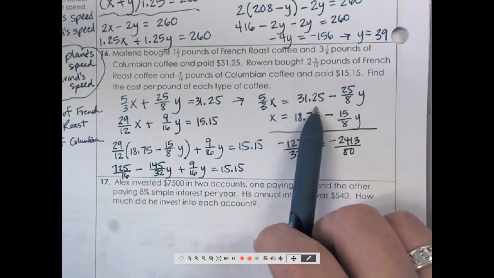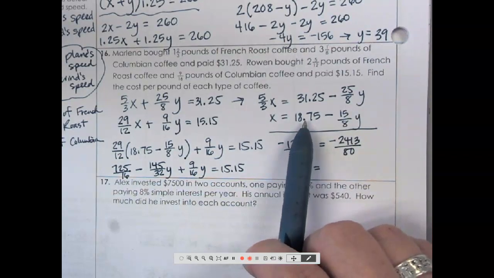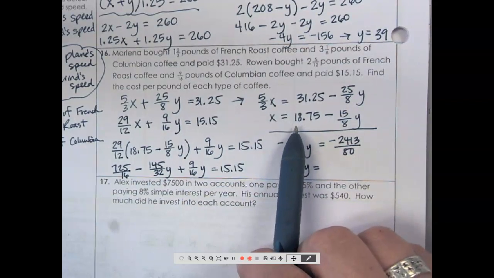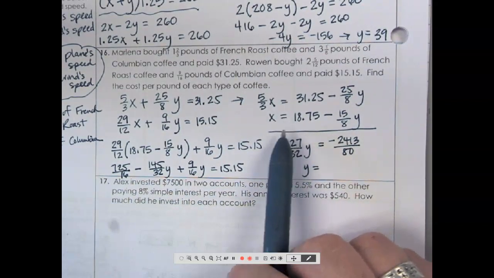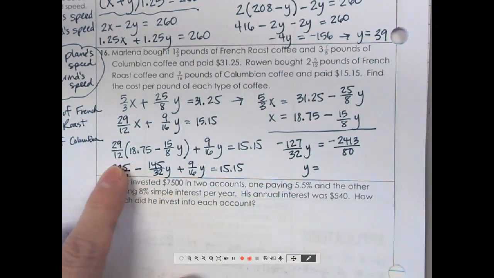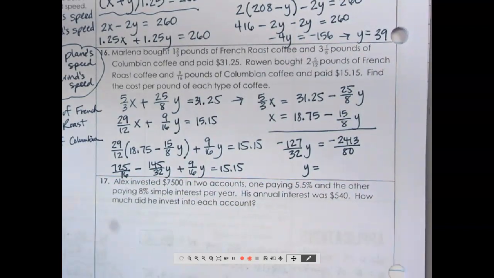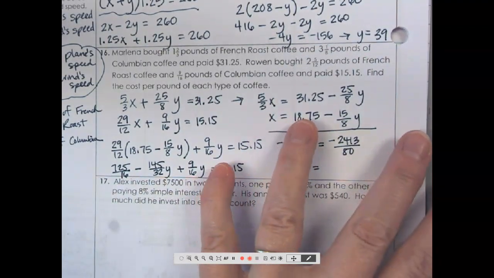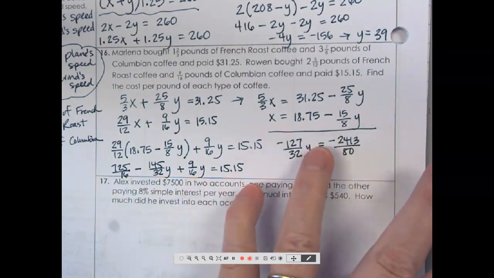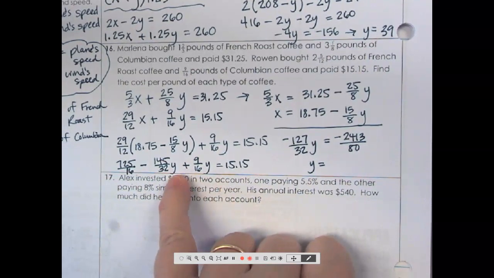5/3 x equals that minus that. Say that again. Like where you have 725 over 16, I have 45.3. I have a fraction. Like when you put it in the calculator, it gives you a decimal, but when you change it, I converted. Okay, let's see. Two y's together? Plus 9/16. I got negative 127 over 32.